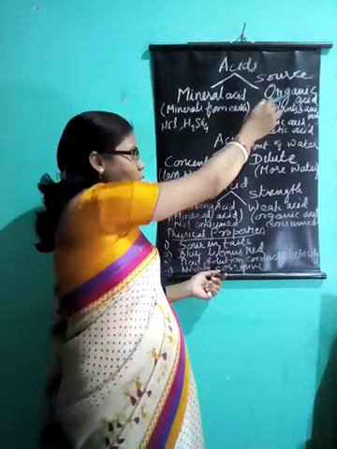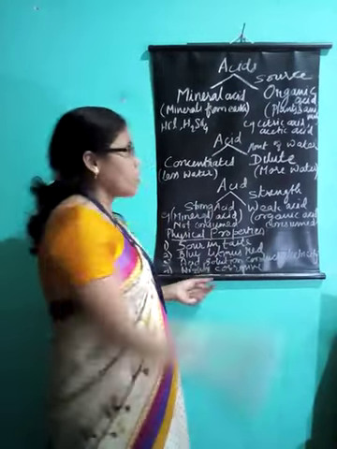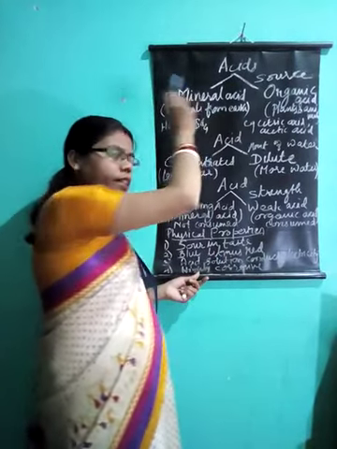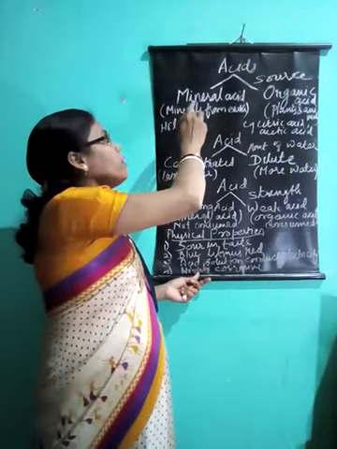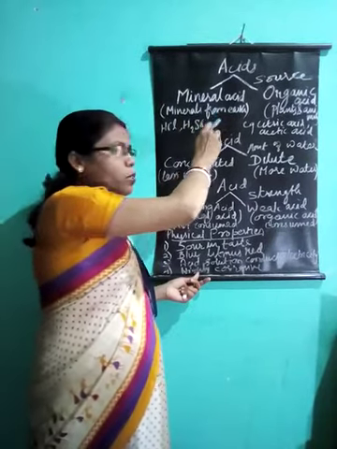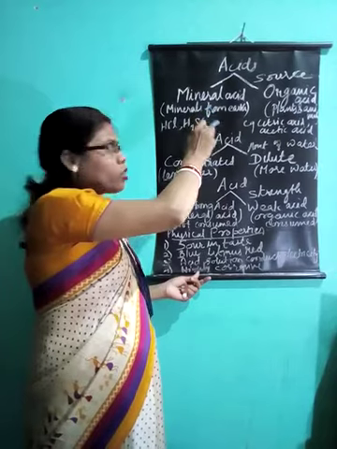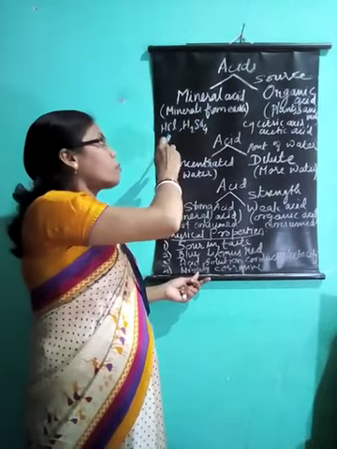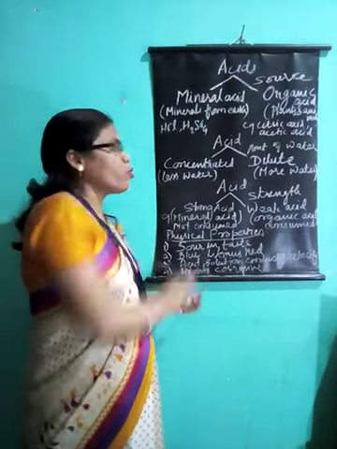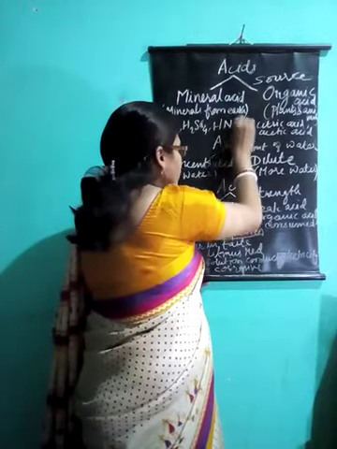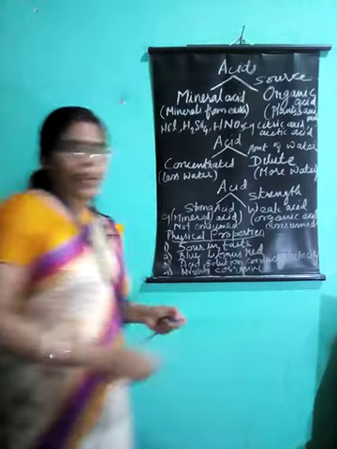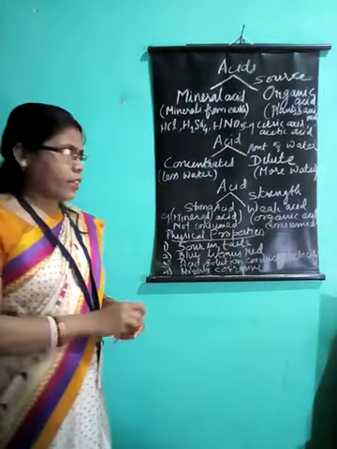So we are consuming these organic acids. But inorganic acids are generally very strong, and they are obtained from minerals from the earth. For example, HCl, H2SO4, HNO3.